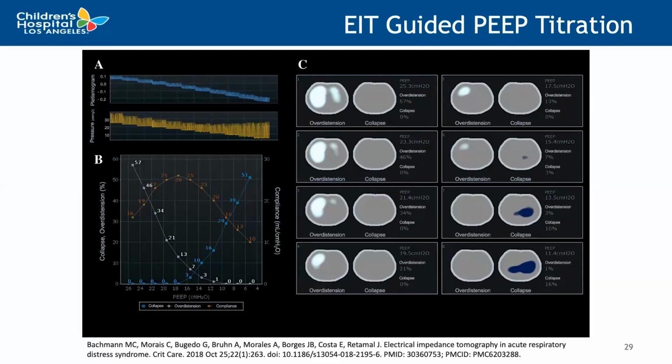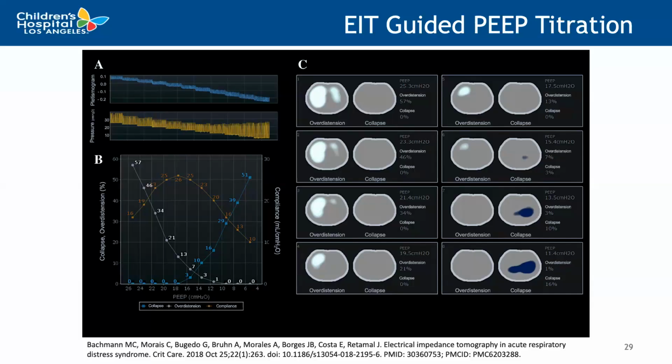So looking at the different lung units, the different lung pixels, it's able to see where every part of the lung is on the compliance curve. And depending on whether you're on the right or left side of the compliance curve, it can quantify overdistension or collapse. The tool then at the end is able to give you a graphic representation of collapse, overdistension, as well as compliance.